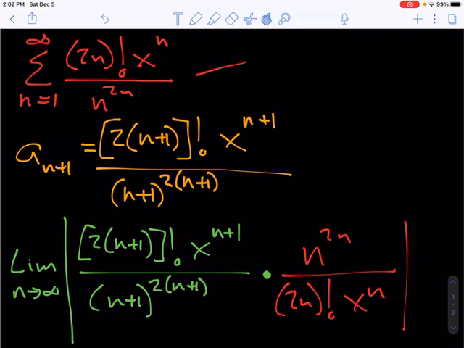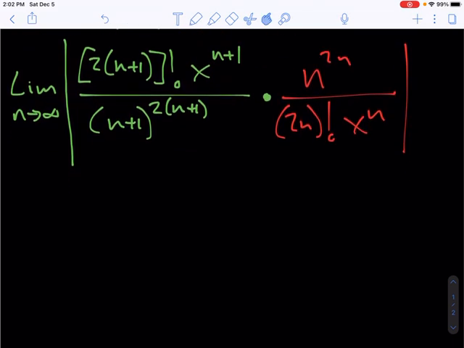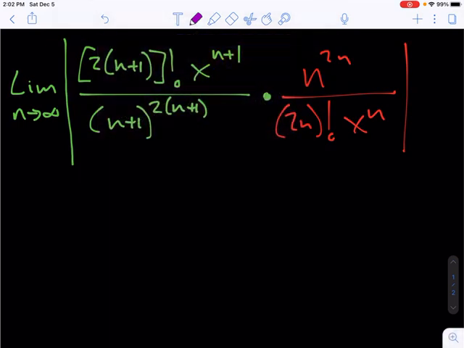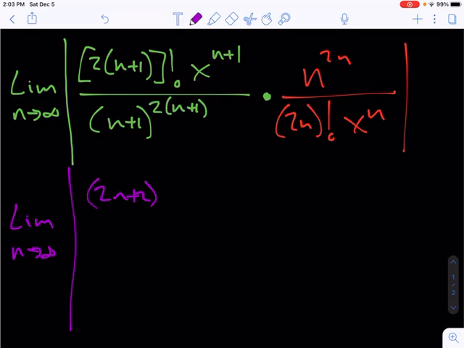The fun part is what we're going to be doing now, which is to break this apart and see what we can cancel out. So the limit as n approaches infinity, now 2n plus 1 factorial is, I'm going to do this in steps, so this is 2n plus 2 factorial. The x to the n plus 1, we've done that before.